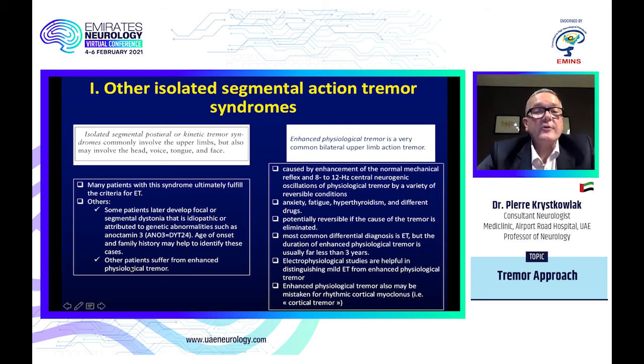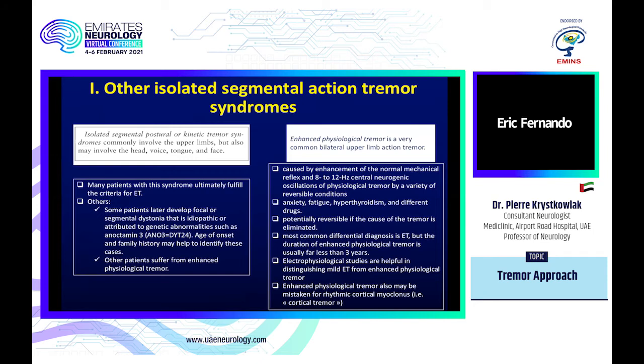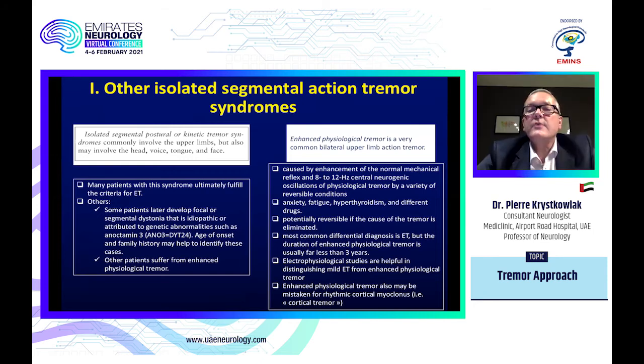And other patients suffer from enhanced physiological tremor. Enhanced physiological tremor is a very common bilateral upper limb action tremor, with enhancement of the normal reflex loop and 8 to 12 Hz central neurologic oscillation of physiological tremor by a variety of reversible conditions. So anxiety, fatigue, hyperthyroidism, and different drugs can give this kind of tremor.